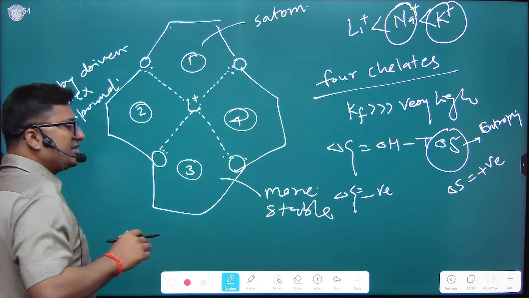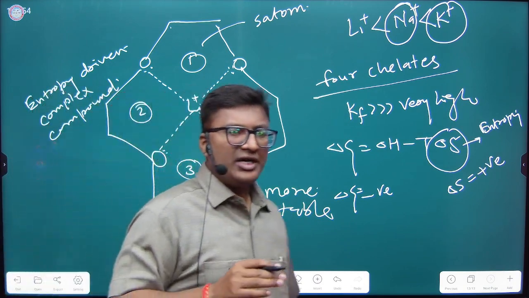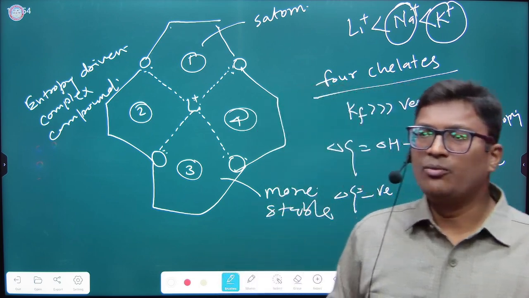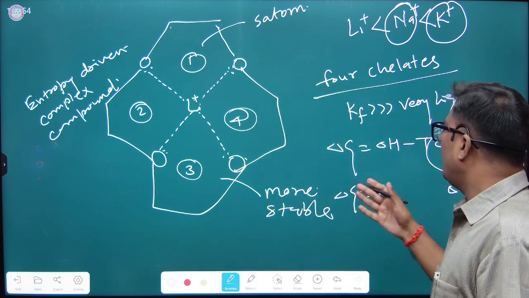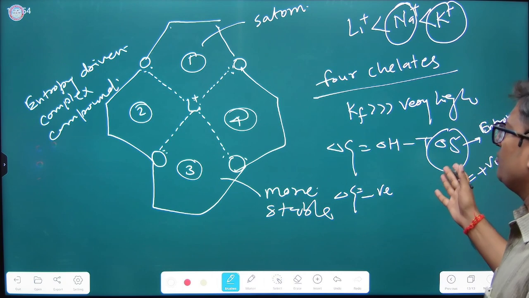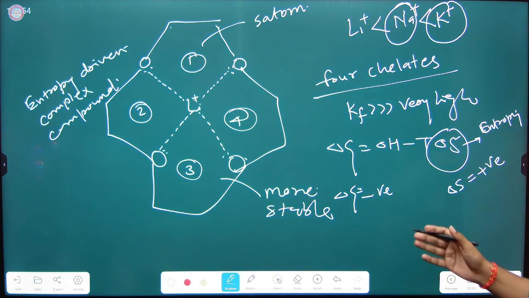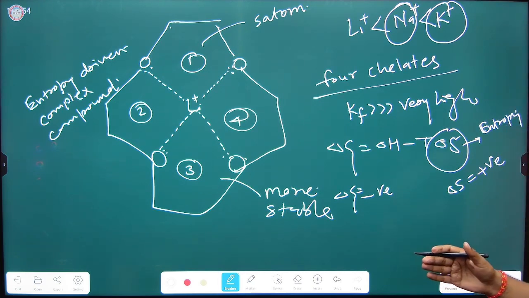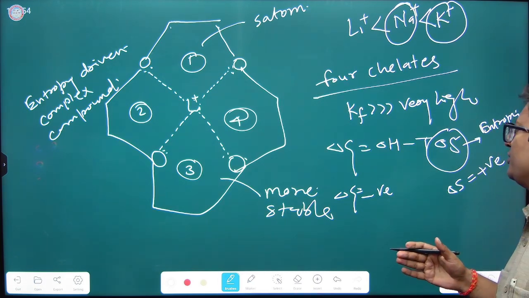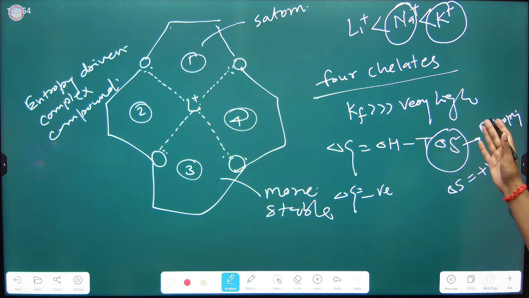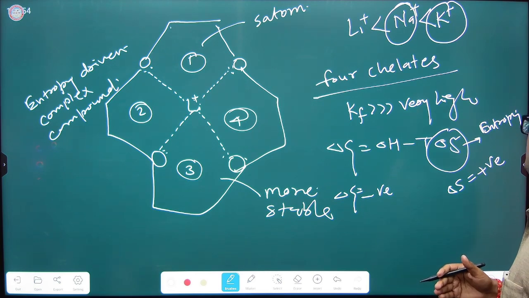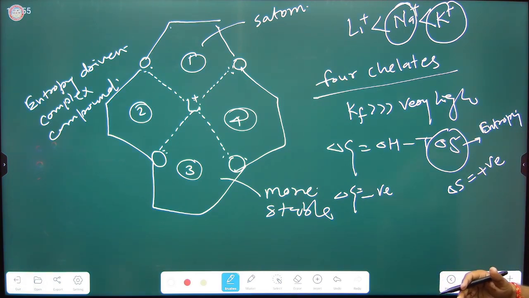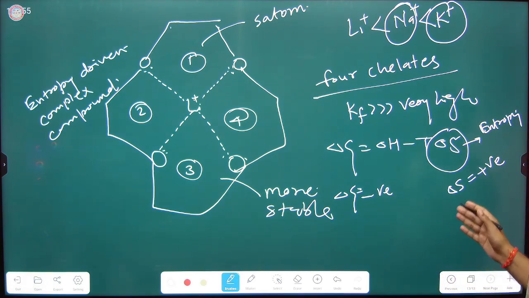There is a variation of size of the rings required to accommodate other alkali metal cations of the same group. So in the next video we will discuss how the size effect will dominate for the other alkali metal cations like sodium plus, potassium plus, or other alkali metal cations.